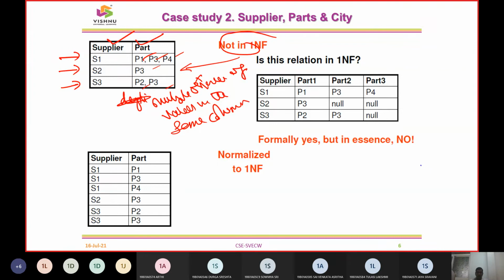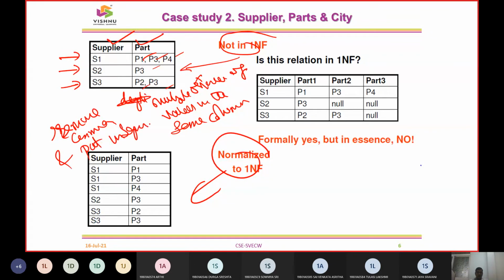So how are we going to bring this to the first normal form? Instead of making it a comma-separated list, we remove the comma and put the values in separate lines, or separate rows.